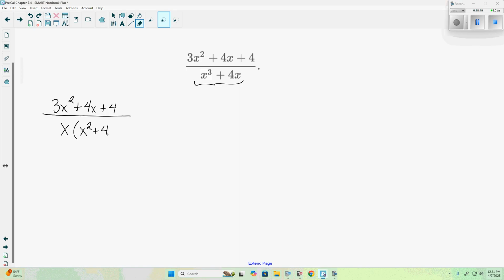What that's going to leave us with is x times x squared plus 4. X squared plus 4 is as factored as it gets. We do have two perfect squares, but they're being added together. It's a sum of perfect squares, not a difference. If it was a difference, we could factor it. So here we're going to leave it as x squared plus 4.